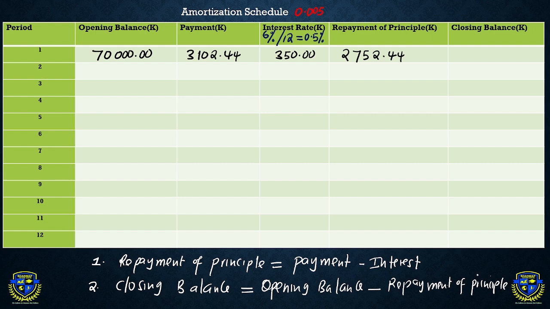So the way it is, we have scrapped off the principal by 2,752.44. Once you subtract that from the 70,000, you discover that our closing balance in this case is going to be 67,247.56. So that becomes our closing balance in this case.